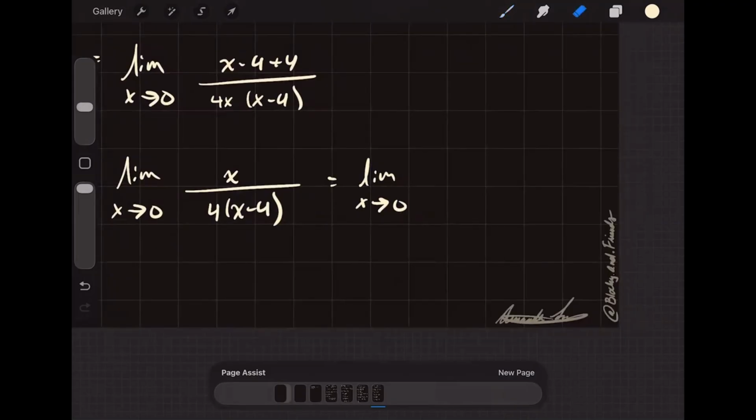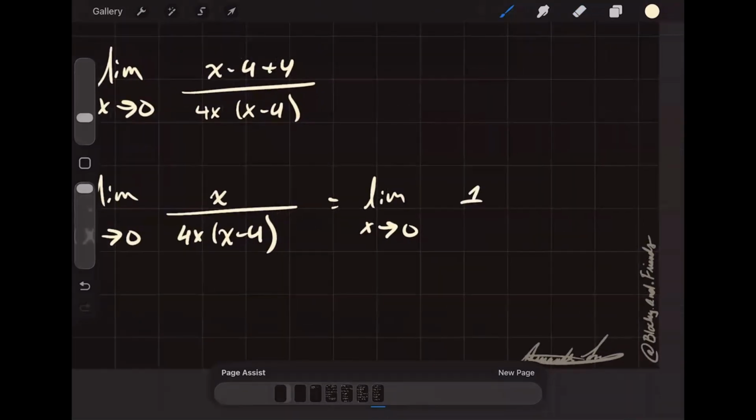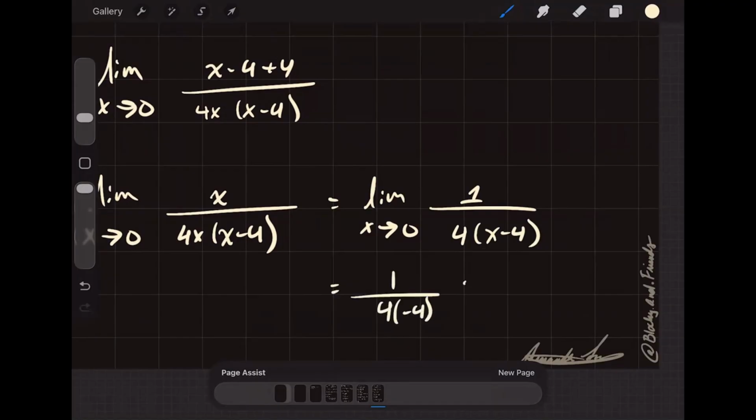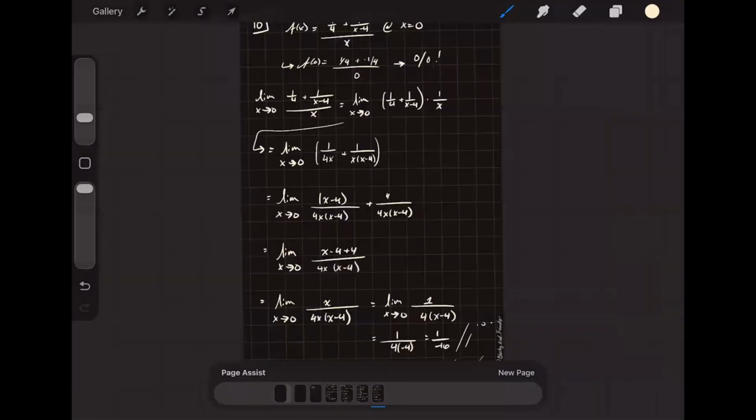Sorry, I forgot an x there. These two cancel out, so that gives you 1 over 4 times x minus 4. You apply the limit, and that gives you 1 over 4 times negative 4, which is 1 over negative 16. Okay, cool.